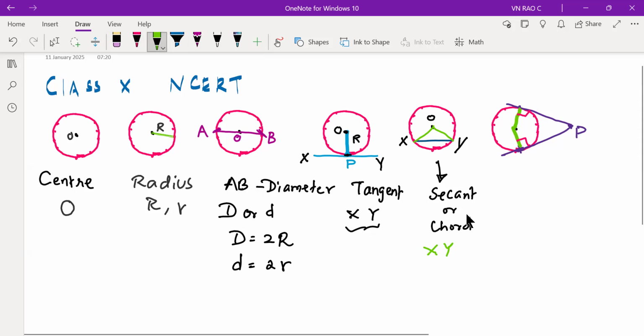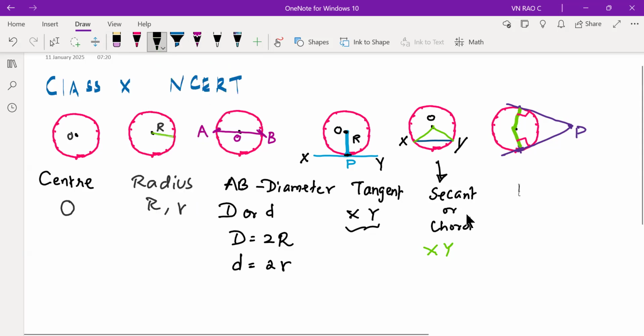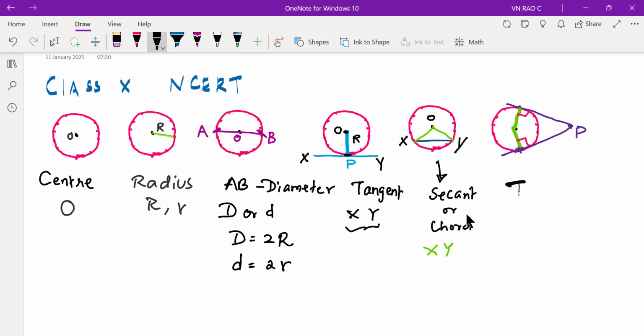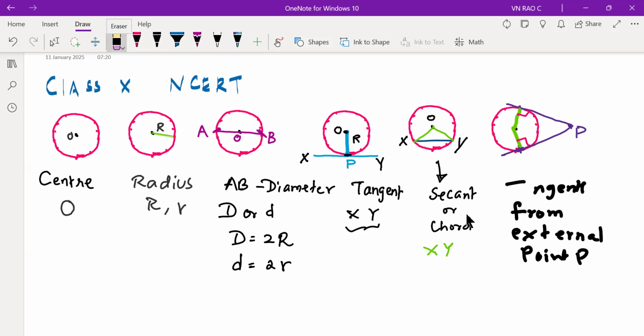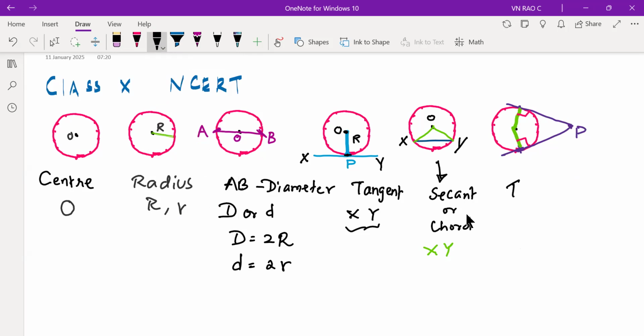So what we have done here is tangents drawn from an external point P. Let me write it again because this looks very odd.